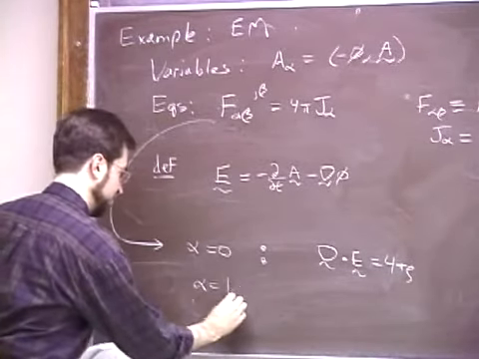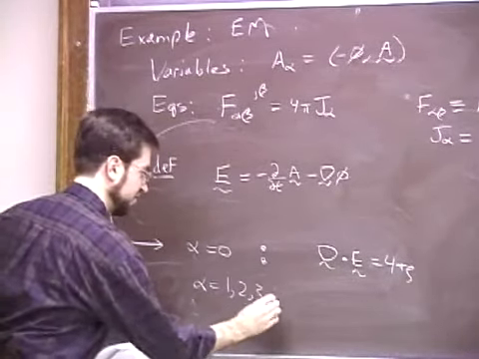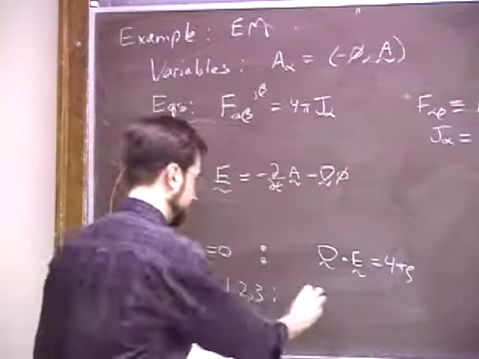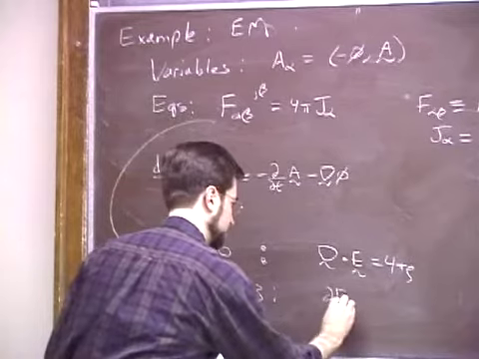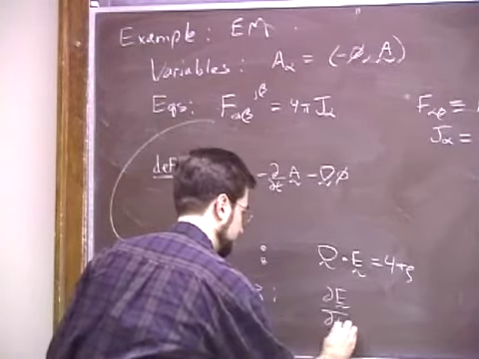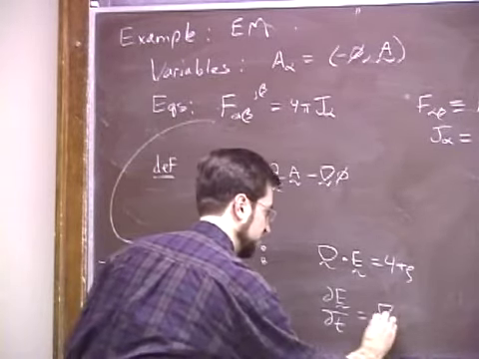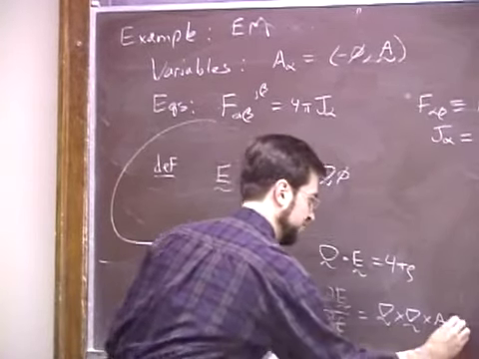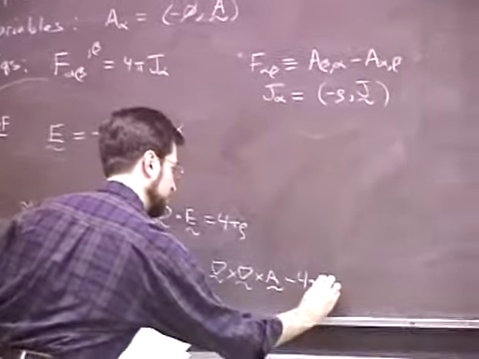And if alpha is 1, 2, or 3, what I get is a component of dE/dt is curl of curl A minus 4 pi J.